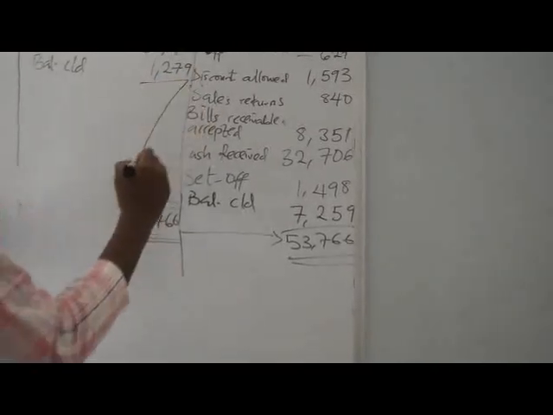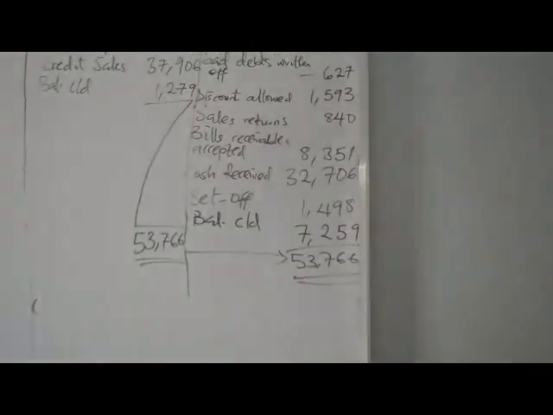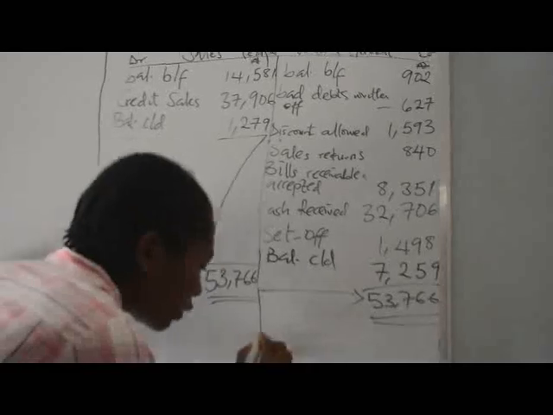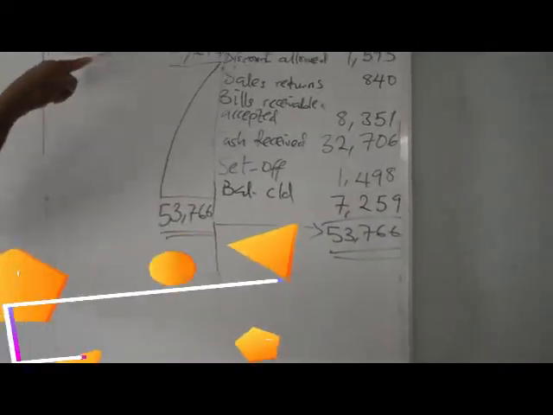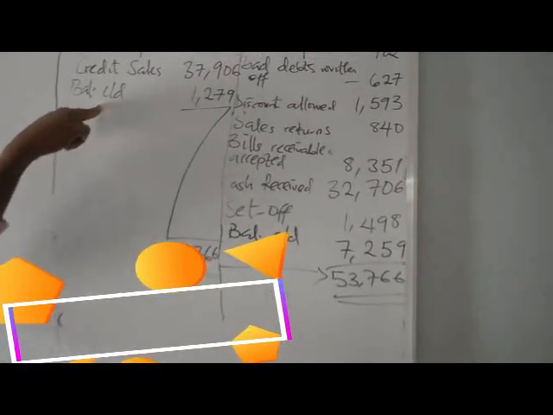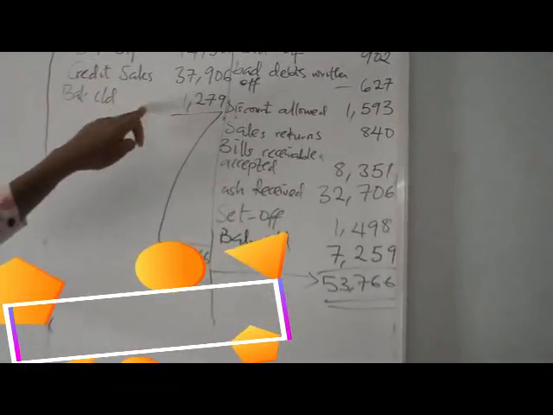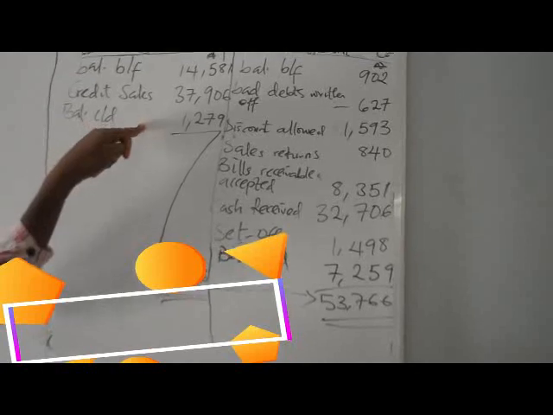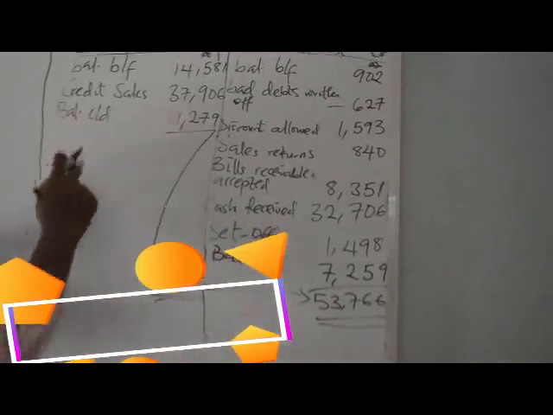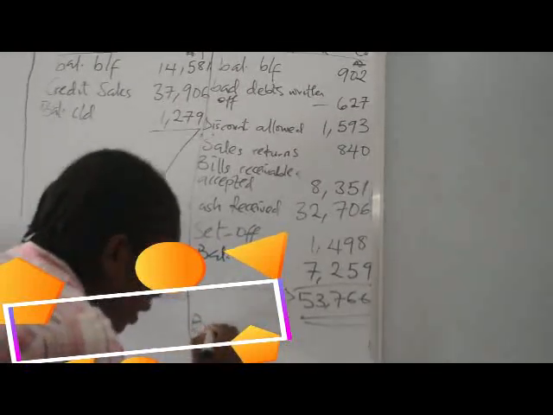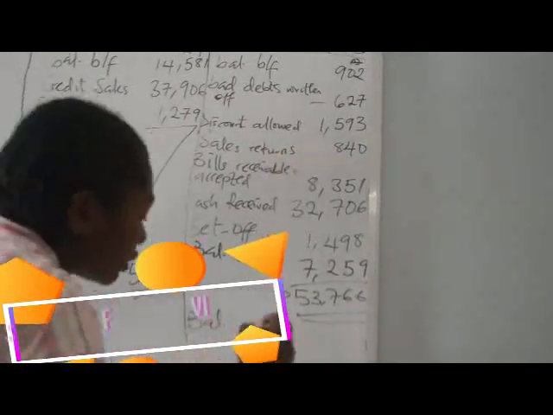So let's close our account for the month, right? Now we are through with this month. Now for the next month, we'll be having our balance brought down, okay? This is our balance carried down. I told you it was a credit balance. If our carry down is on the debit side, that means our brought down will be on the credit side. Okay, our carry down was on the debit side, so that means our balance brought down will be on the credit side.